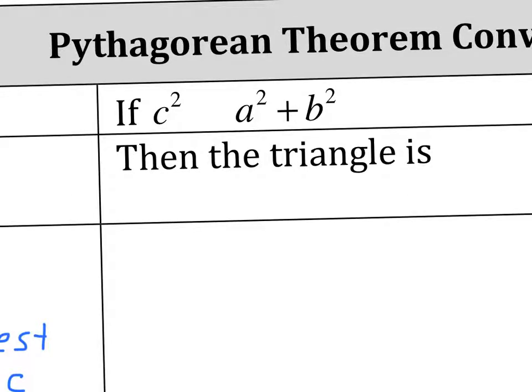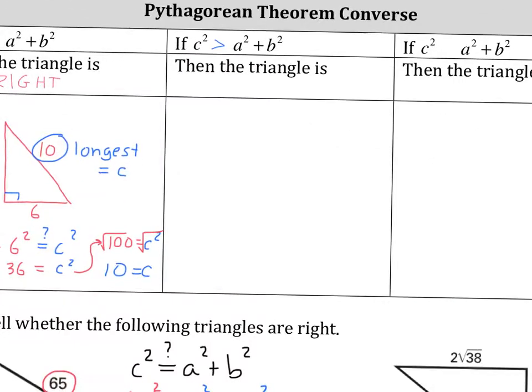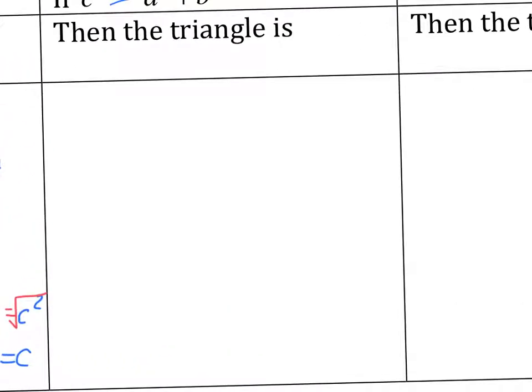If we discover that c squared is greater, so logically thinking, c squared is greater. So if this is my original situation right here, and let's pretend that's a, b, and c, what would happen if I extend c out?